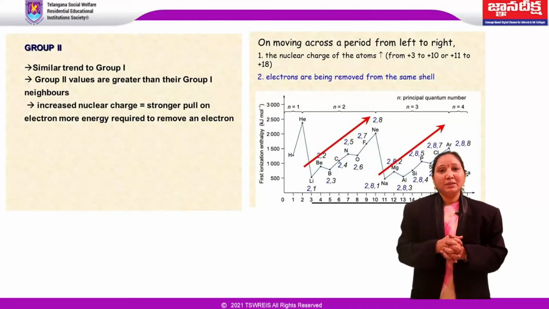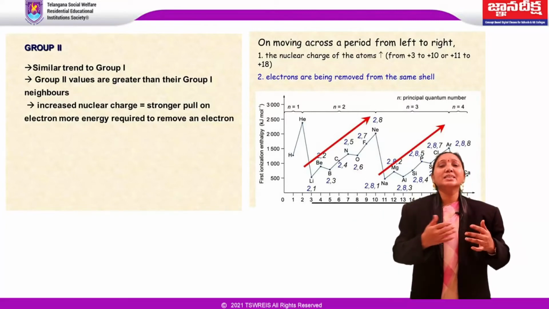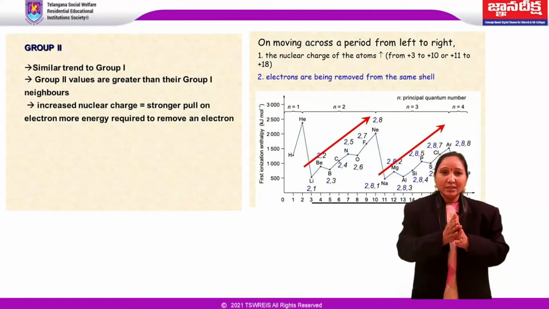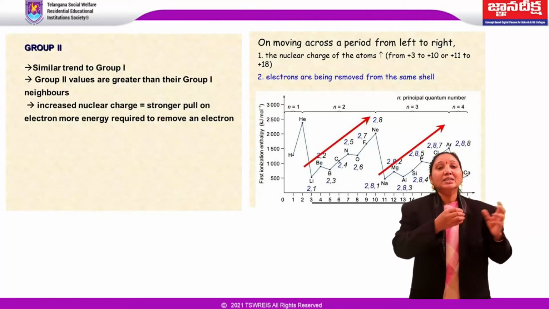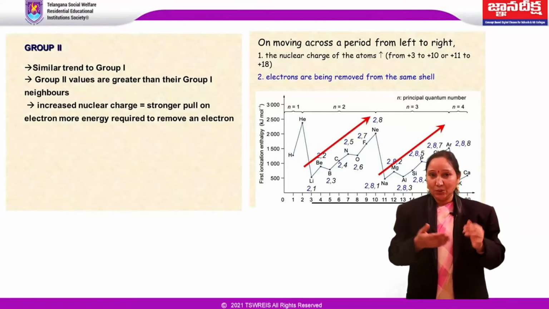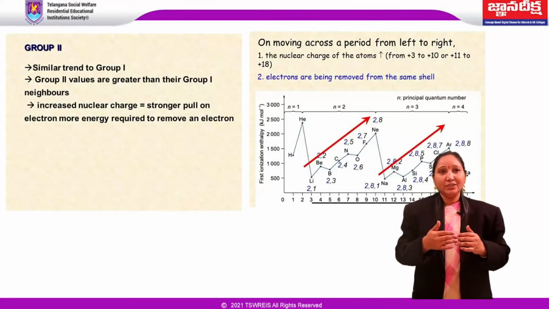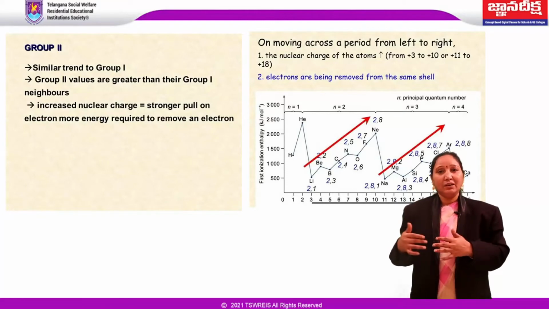Across a period from left to right, the electrons are entering into the same orbit. If you take the example of the third period, it starts with sodium, magnesium, aluminium, silicon, phosphorus, sulfur, chlorine, argon.